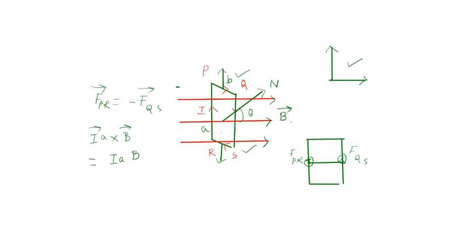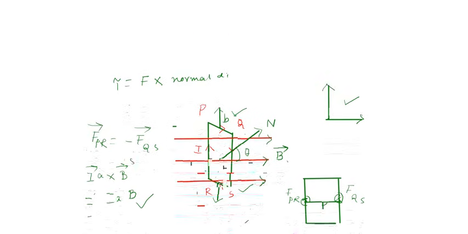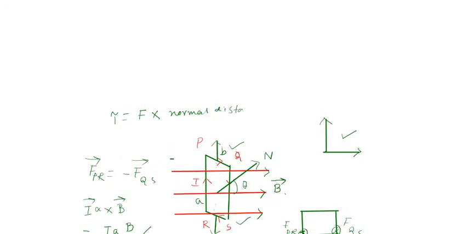To find that out, we have already found the magnitude of the force. Torque tau is F multiplied by the normal distance between the lines of action.